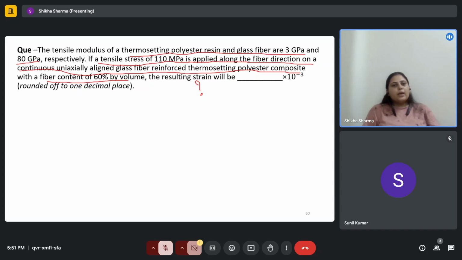So when we apply the tensile stress of 110 megapascal along the fiber direction, along how the fiber is oriented, in that direction only we are applying the tensile stress, then we need to calculate how much strain there will be in the material if the fiber is around 60% of the volume. Please calculate.